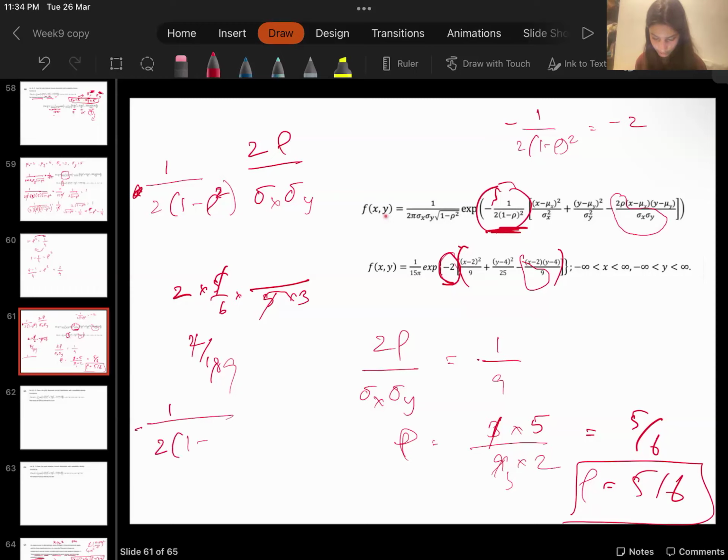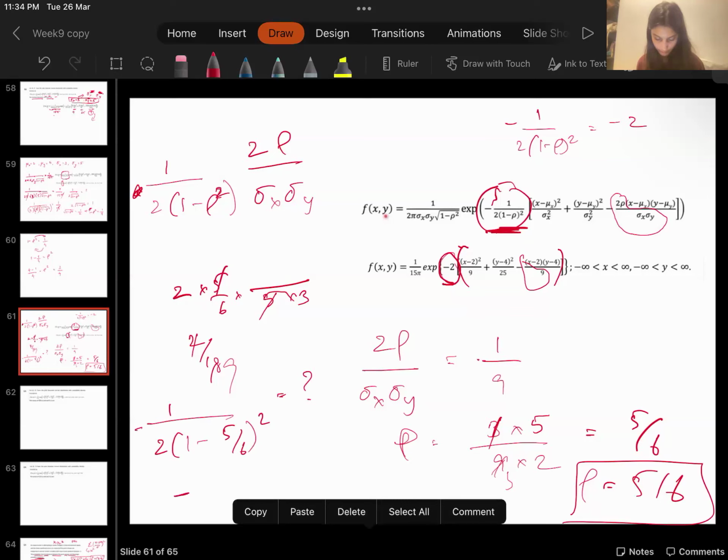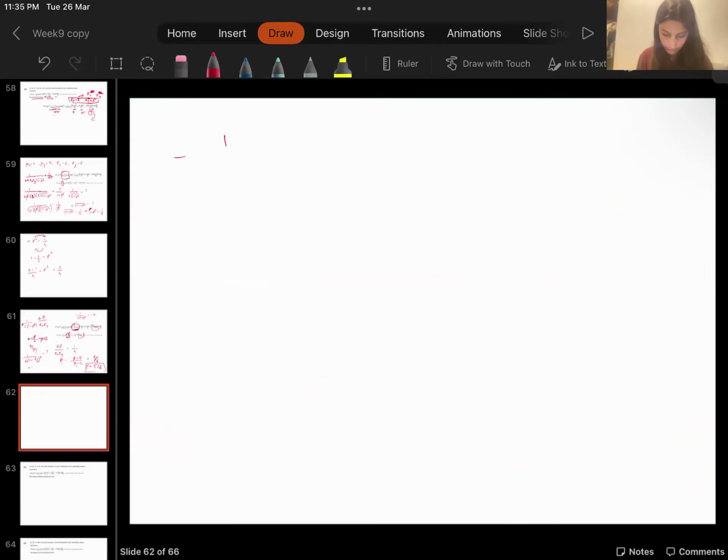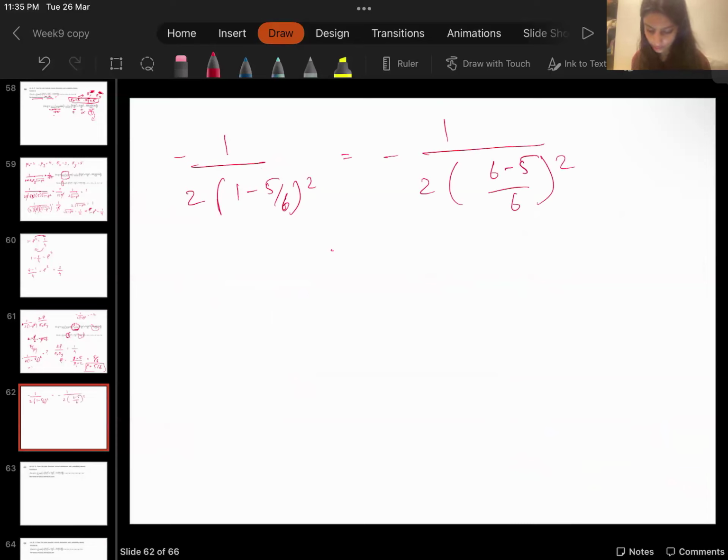Minus 1 by 2 into 1 minus 5 by 6, the whole square. 6 minus 5 divided by 6 is 1 by 6.